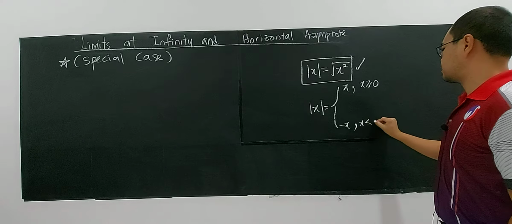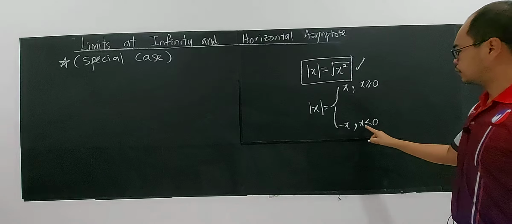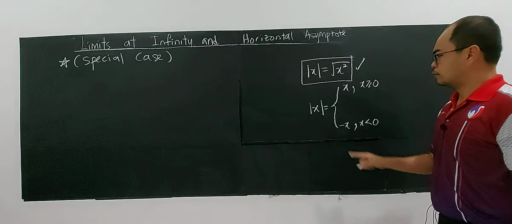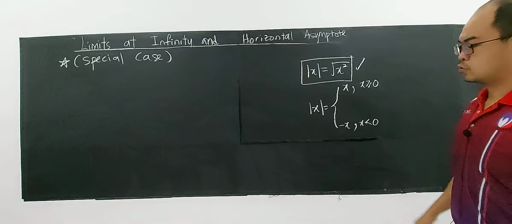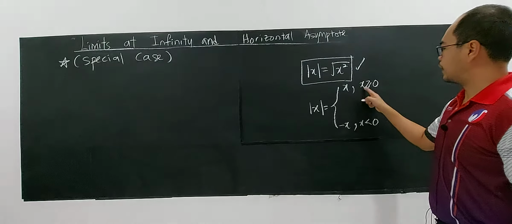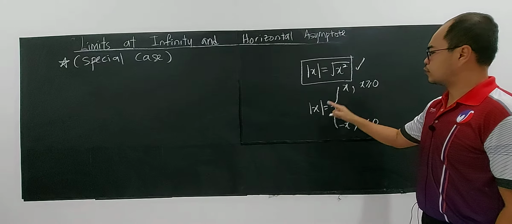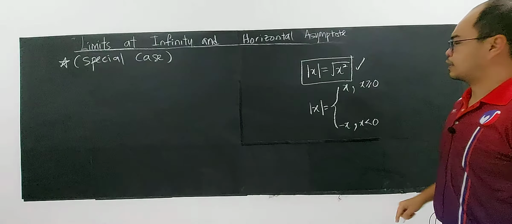When x is less than 0, meaning x is negative, the modulus of x can be rewritten as negative x, so that it becomes positive, right? So when x is a positive number, you can rewrite the modulus of x as x.